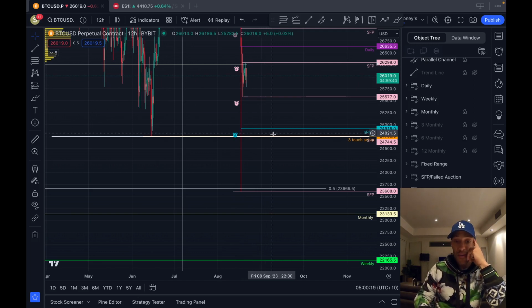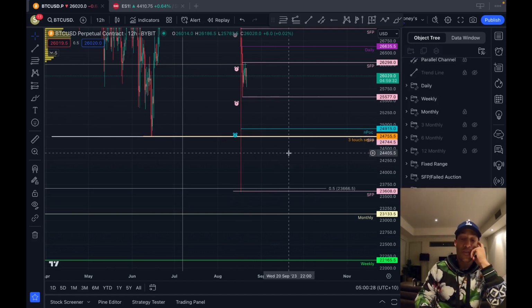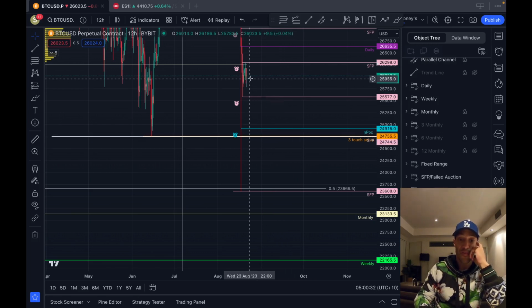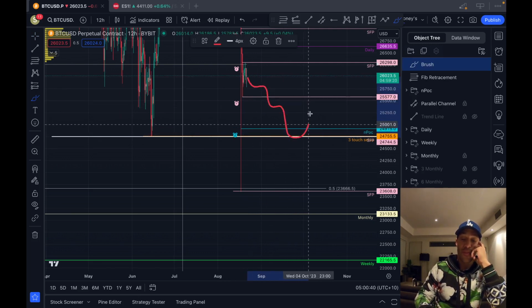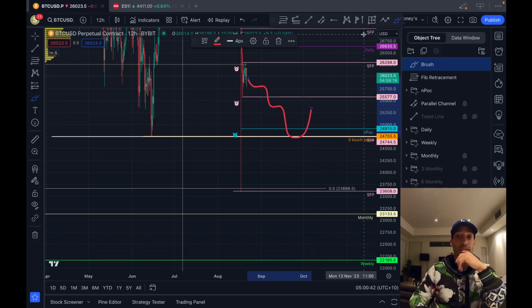If price gets to that zone again on higher time frames, when it hits that zone for a third time, you can be looking for a strong reaction and a reversal, right? So if price, for example, trickles down here and hits this zone, we could be looking for a potential bounce. That's called a 3-touch setup.